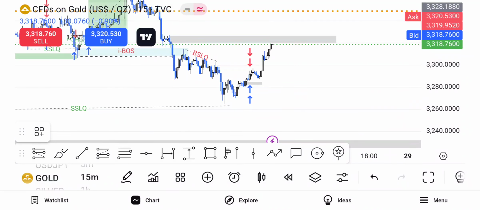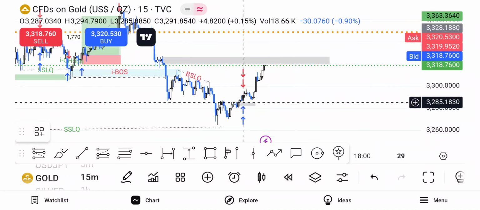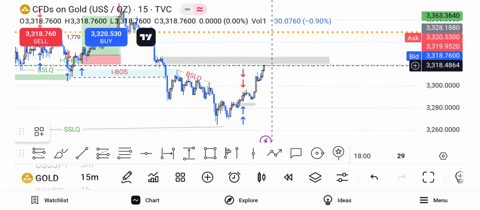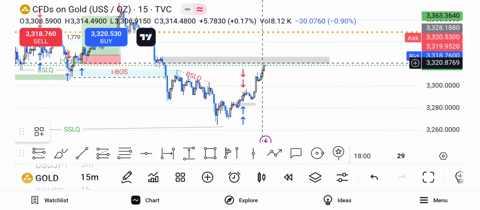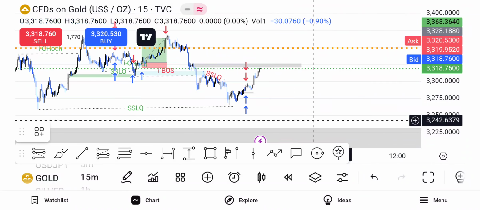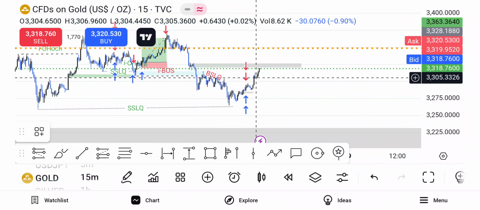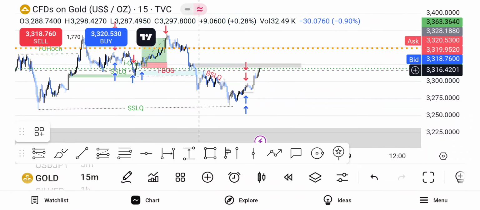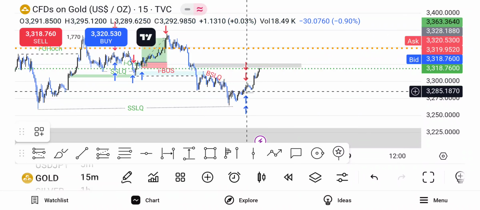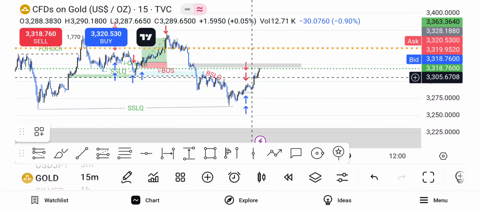So I predicted around this point that price might sweep these buy side liquidity and tap into this zone, and they have enough fuel to make the price come down here after sweeping this buy side liquidity, which formed during the bearish movement of the market.